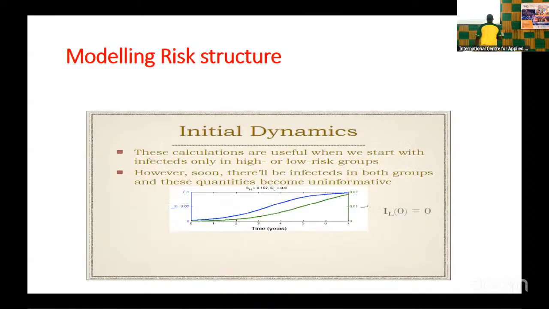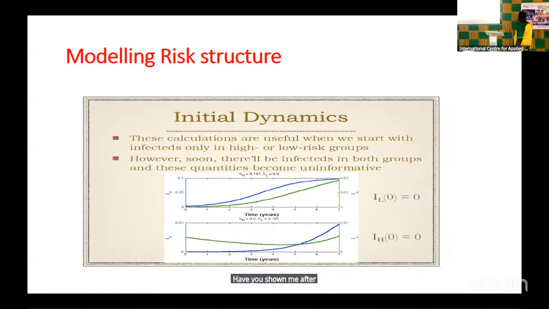However, soon they will be infected in both groups, and this quantity becomes uninformative. And this IL of 0 at the initial will be maybe equal to 0, even with this condition we have there.